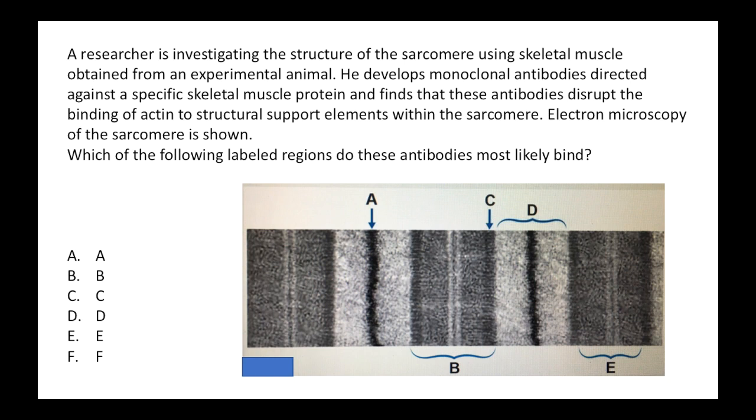Electron microscopy of the sarcomere is shown. Which of the following labeled regions do these antibodies most likely bind? Before you answer, let me fix this real quick because I forgot to use the correct picture.